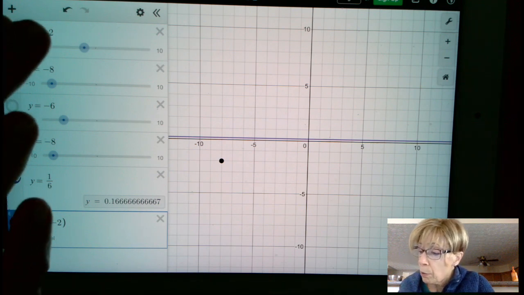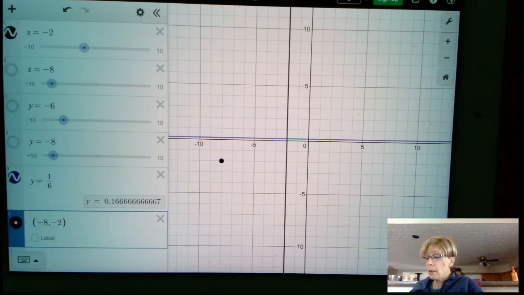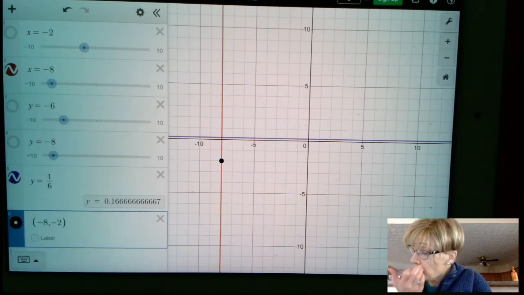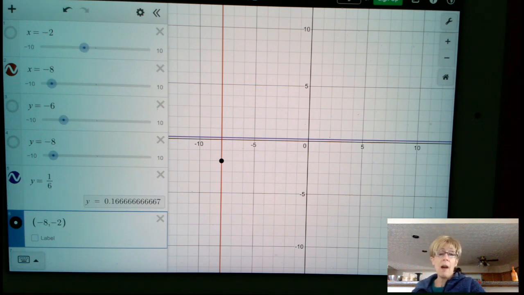If we type in x equals -2, it doesn't go through that point (-8, -2), so that is not our solution. If we go to x equals -8, that red line not only is perpendicular to the purple line, but it also goes through the point (-8, -2). So we know that we are correct.